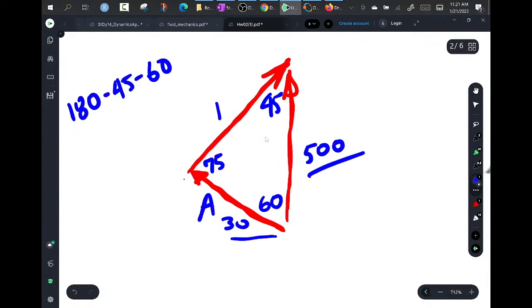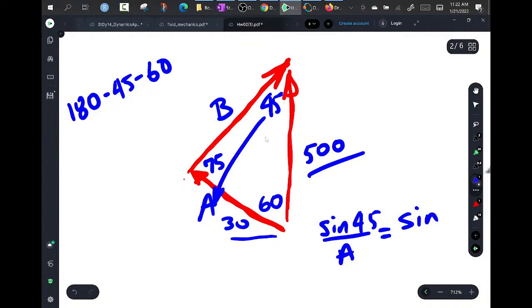This will be A, and this will be B. So now you're just looking at sine of 45 over A is equal to sine of the angle opposing the length.